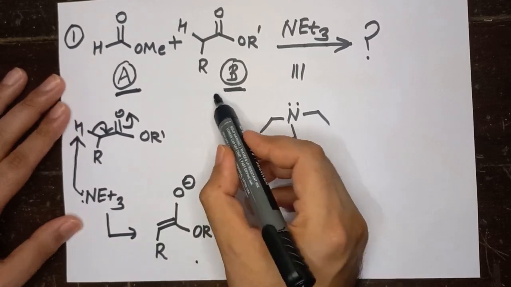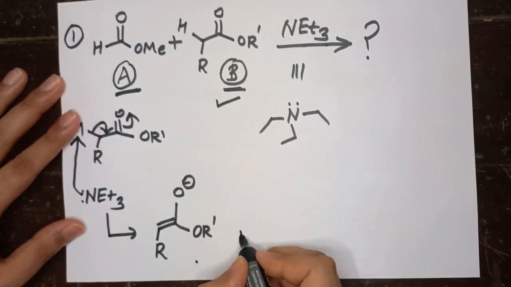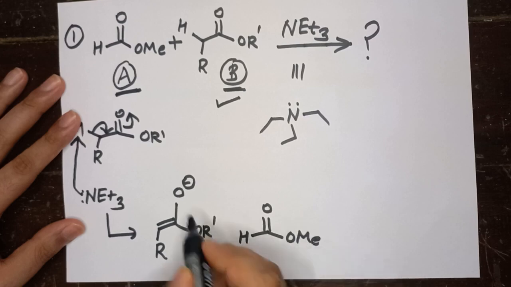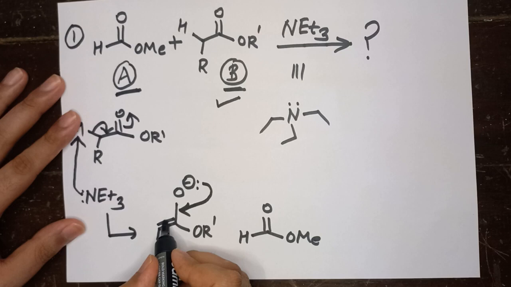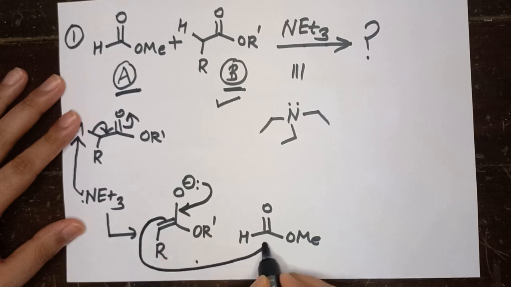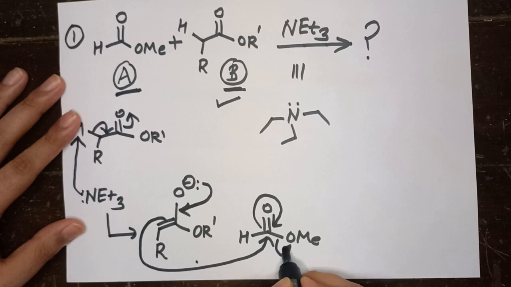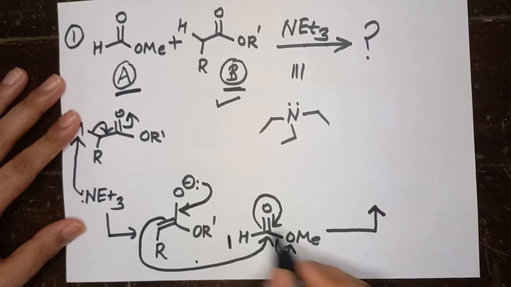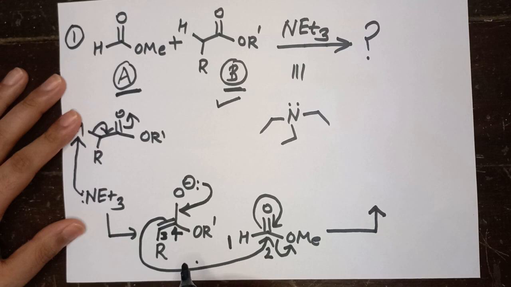So now the B molecule is used. Now the second A molecule will come, the second ester will come. So this oxygen will reform a double bond. This double bond will attack at this carbonyl. Through conjugation, this OMe group is going to leave. So this is 1, this carbon is 2, this carbon is 3, and this carbon is 4.